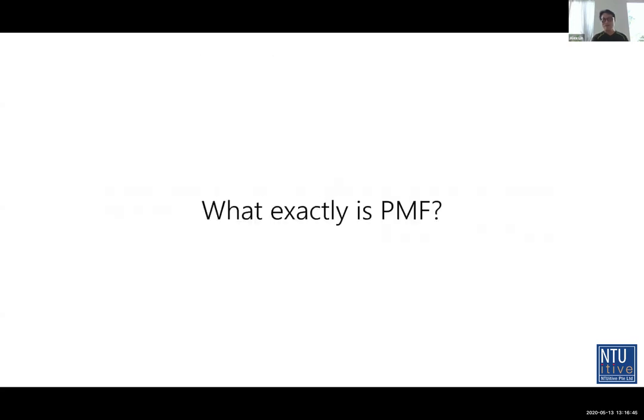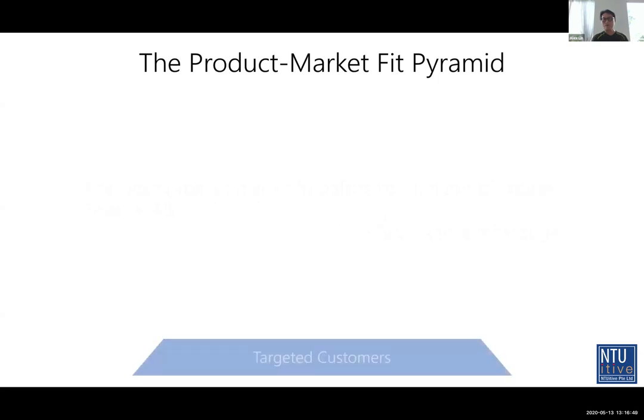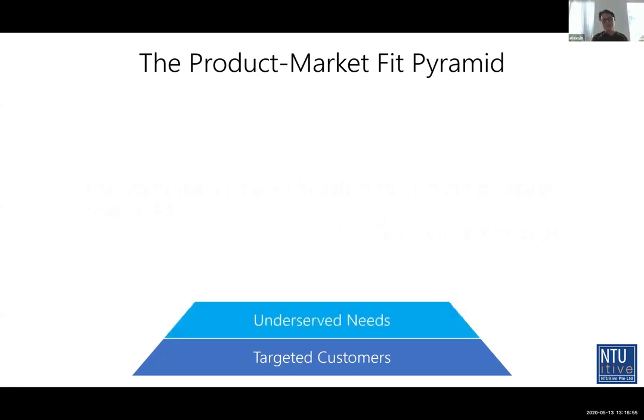So what exactly is PMF? We have to look at it in a structured way. You have the target customer at the bottom of the pyramid, the largest pool of people, and then you build on top. Based on the customer, you know their unserved need: something they have a problem with that nobody solves for them. That whole chunk we call market.